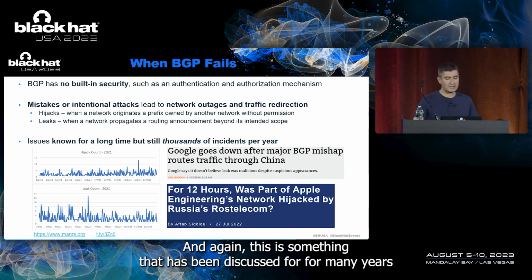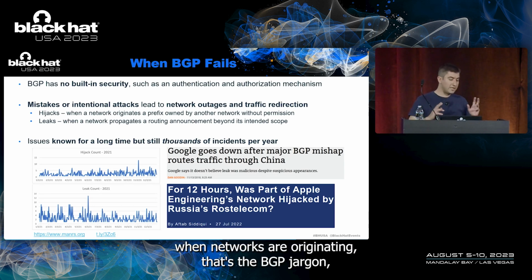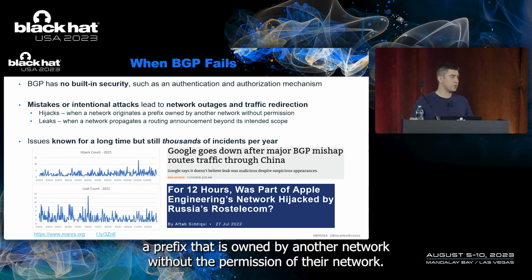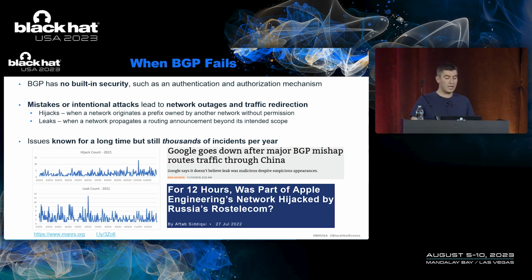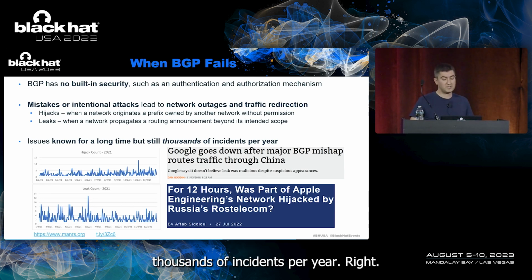And again, this is something that has been discussed for many years. When networks are originating, that's the BGP jargon, a prefix that is owned by another network without the permission of that network, and sometimes propagating that routing announcement beyond its intended scope. It's been known for a long time, but still there are potentially thousands of incidents per year, right?